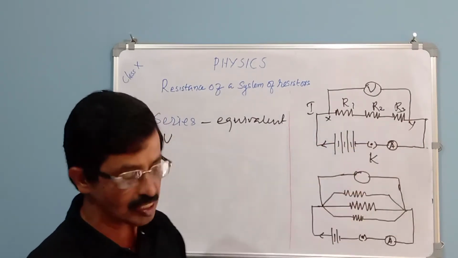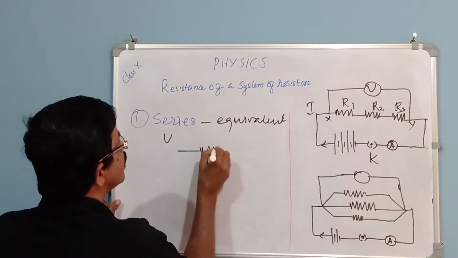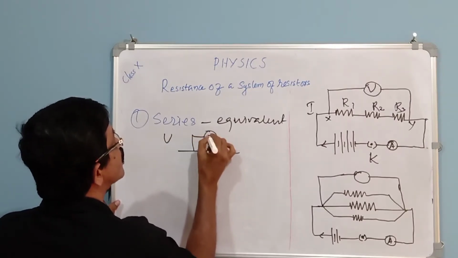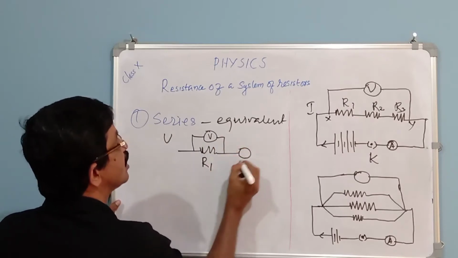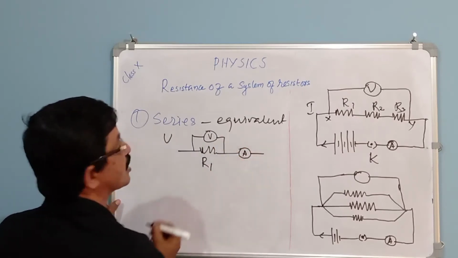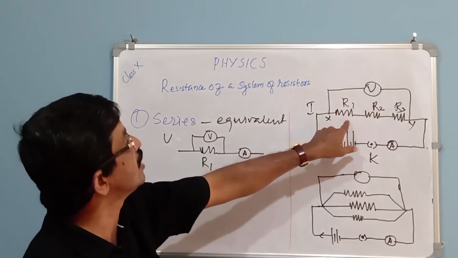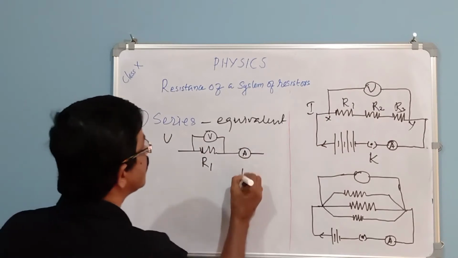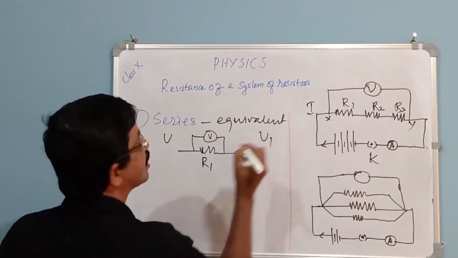We can find this out separately. Suppose this is R1, and we measure the potential across it using a voltmeter, and to measure current we connect an ammeter in series. The current through R1 is the same I, but the potential difference across R1 is V1.